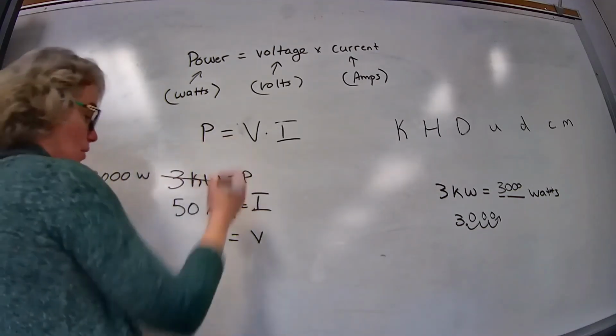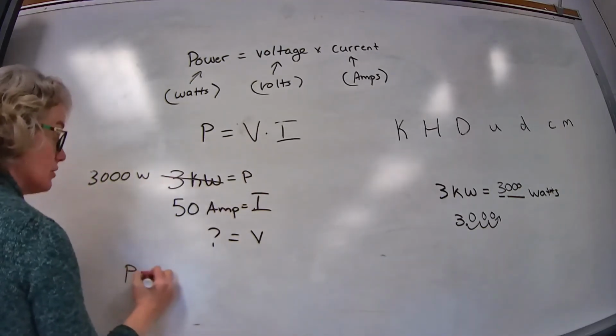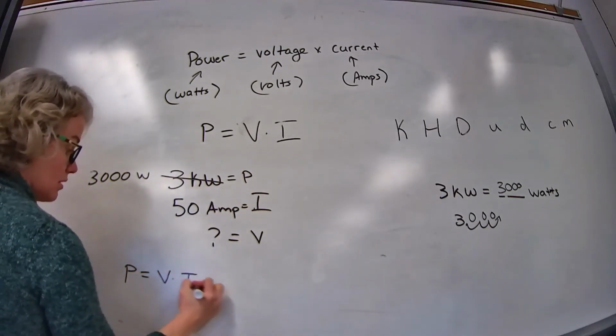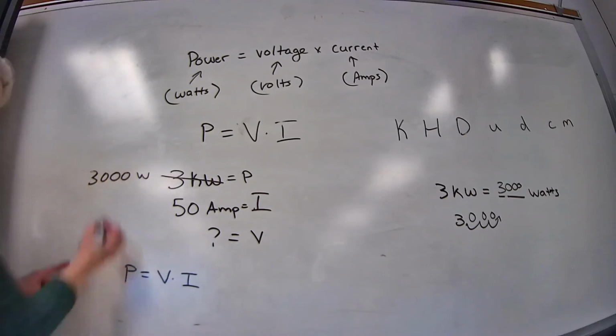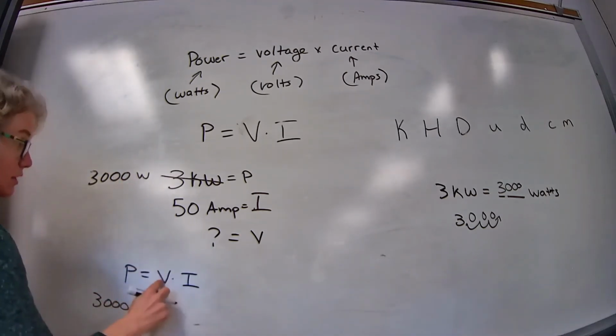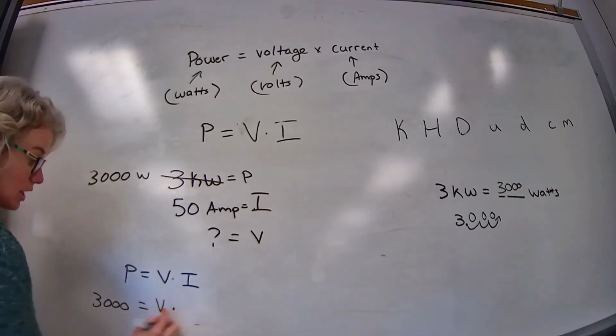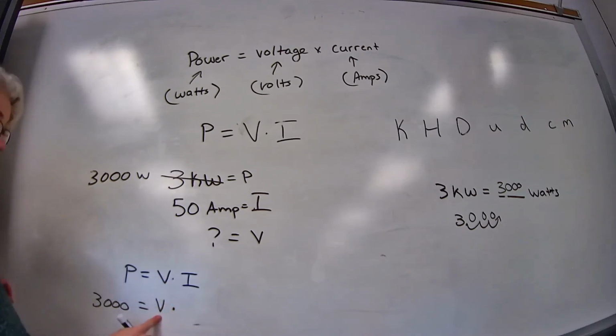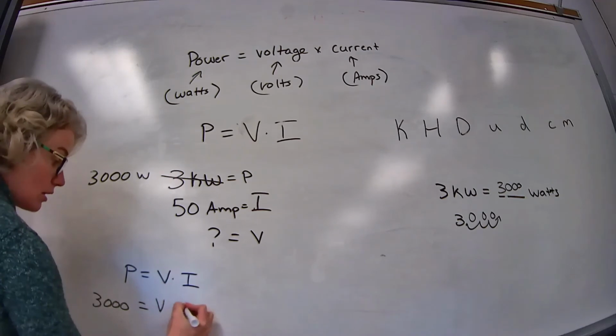Okay, so I would now rewrite my equation and plug in my numbers. 3,000 for P, V times 50. I'm still unsure what V is going to be, so I'm going to leave that as my variable.